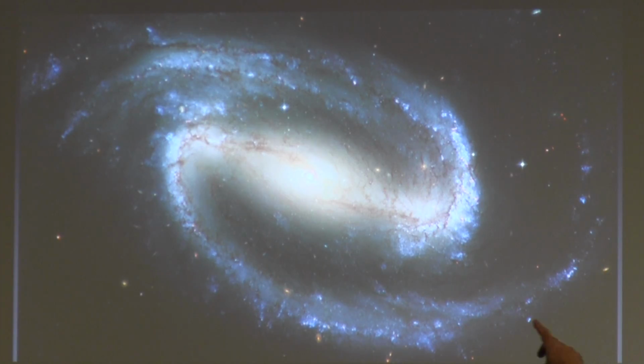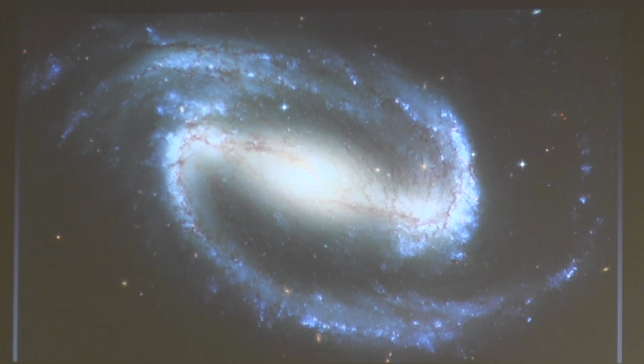Then there are also these red filaments. Those are dust lanes, which again indicate areas where new stars are being formed. They are red because they're absorbing blue light and letting red light through. So the colors are relevant. The colors mean something. They are there not because we've put them there, but because they fall out of the data.